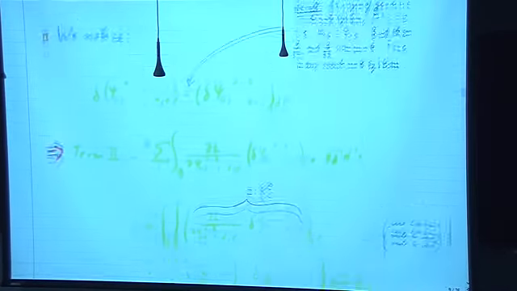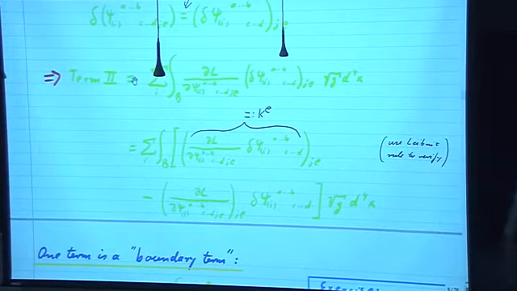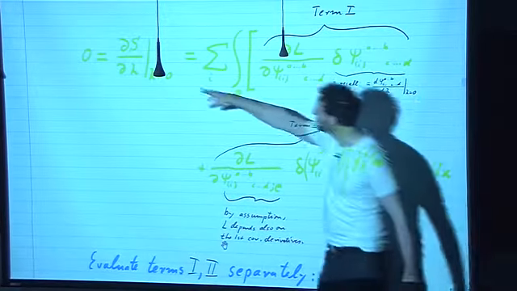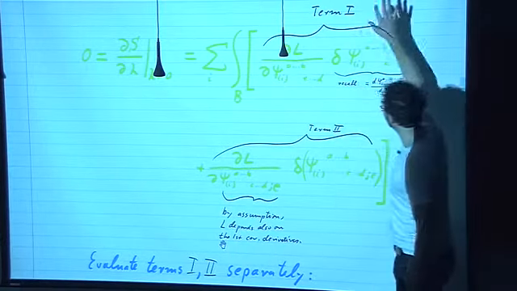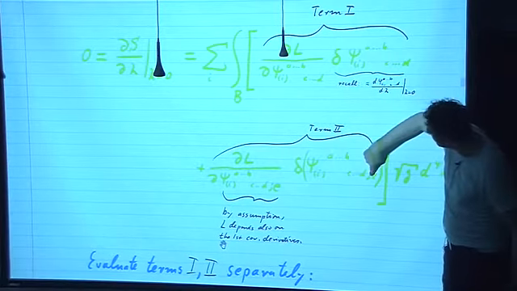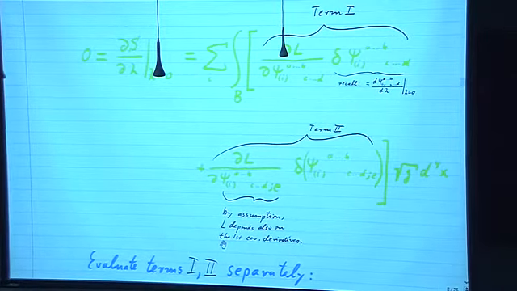which means that the second term now from above takes this form. Remember, we are dealing with the overall variation of the action, we had this term here and we have this term. In this term, we just established that we can interchange the covariant differentiation with the differentiation with respect to lambda.